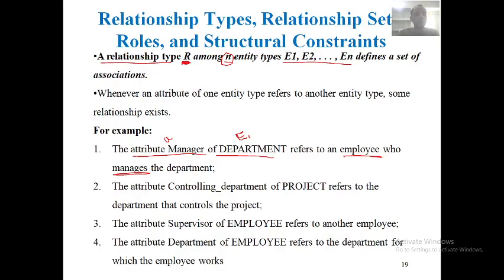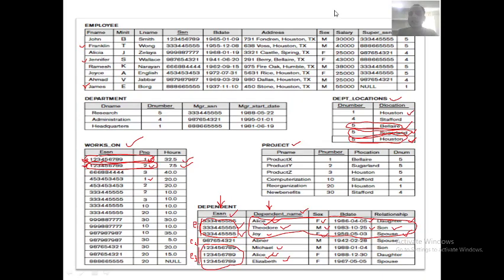The department number attribute of an employee refers to the department for which the employee works. See here now, department number 5. Which is department number 5? Research. In that research department, John B. Smith is working.